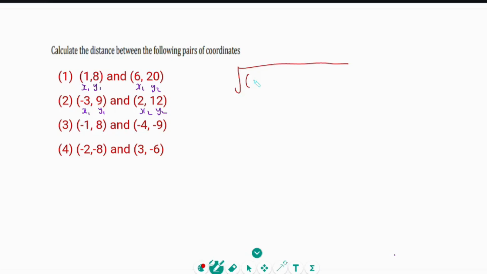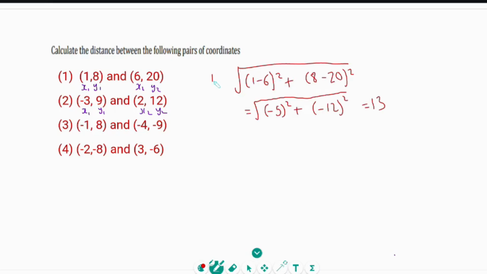Don't forget to put your negatives in brackets when you're using your calculator, which gives you square root of 169, which is 13, for question 1.